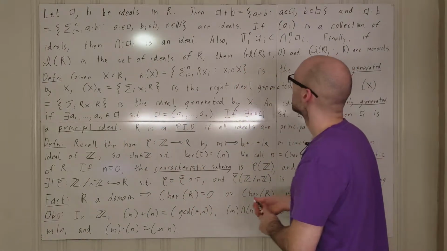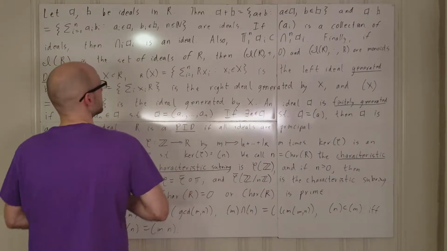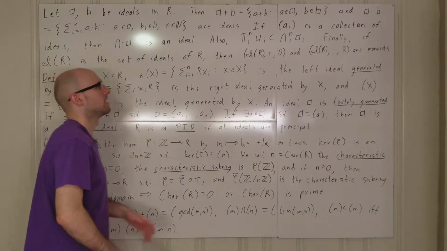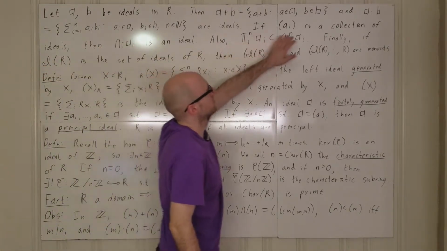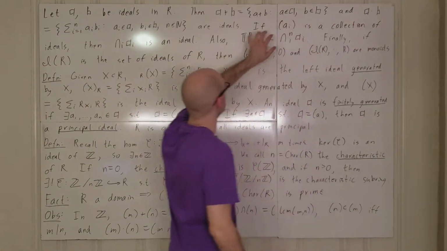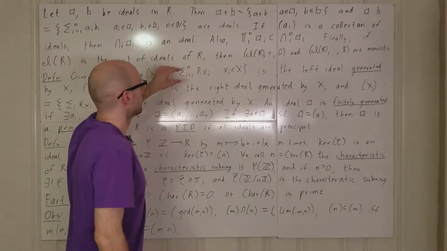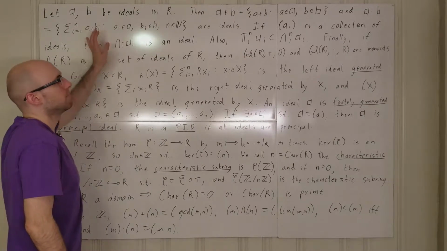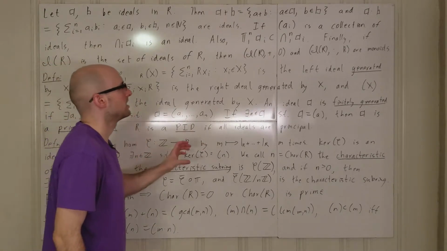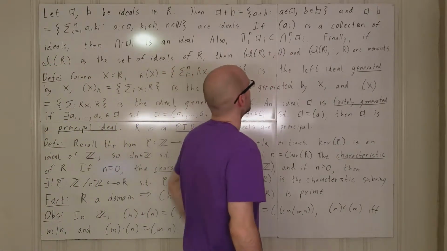So you'll be good. One thing to observe here is that if you take a finite product like A1 times A2 times A3, that will be contained in the intersection here.